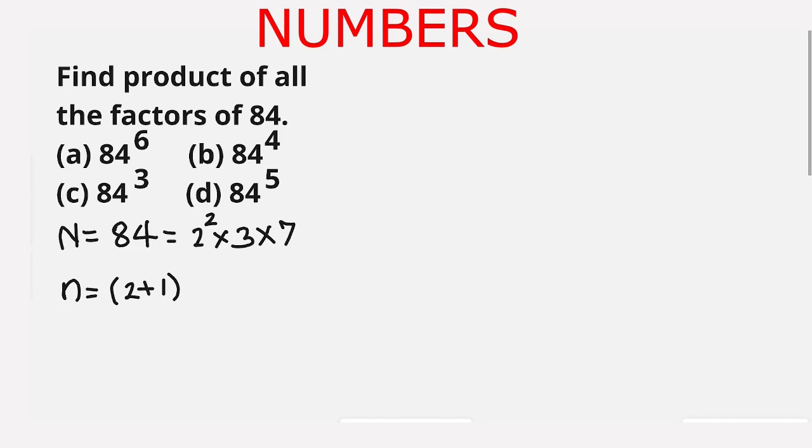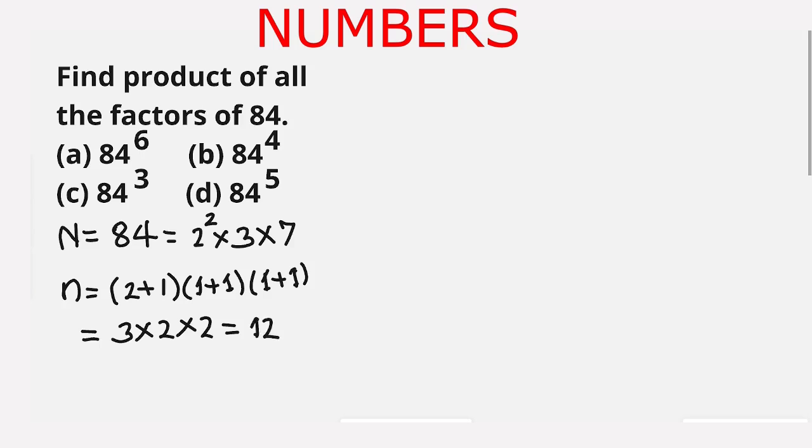So we write 2 plus 1 multiplied by the power of 3 is 1. So we write 1 plus 1 multiplied by the power of 7 is 1. So we write 1 plus 1. And this is equal to 2 plus 1 is 3 multiplied by 1 plus 1 is 2 multiplied by 1 plus 1 is 2. And 3 times 2 is 6 and 6 times 2 is 12.